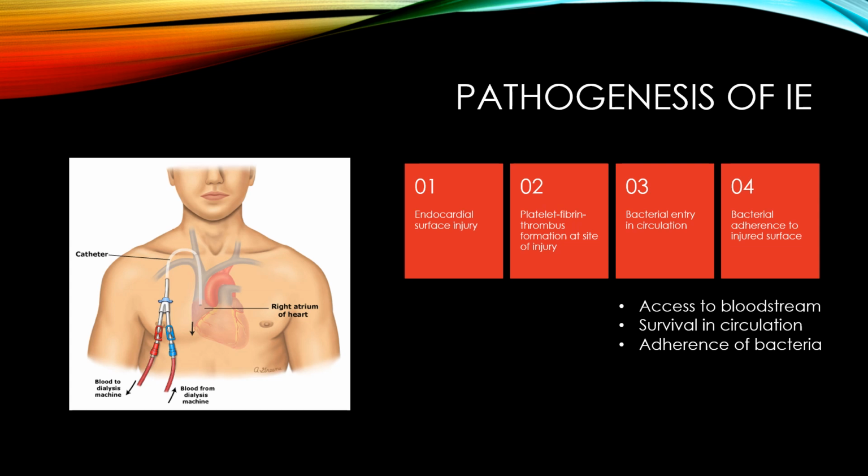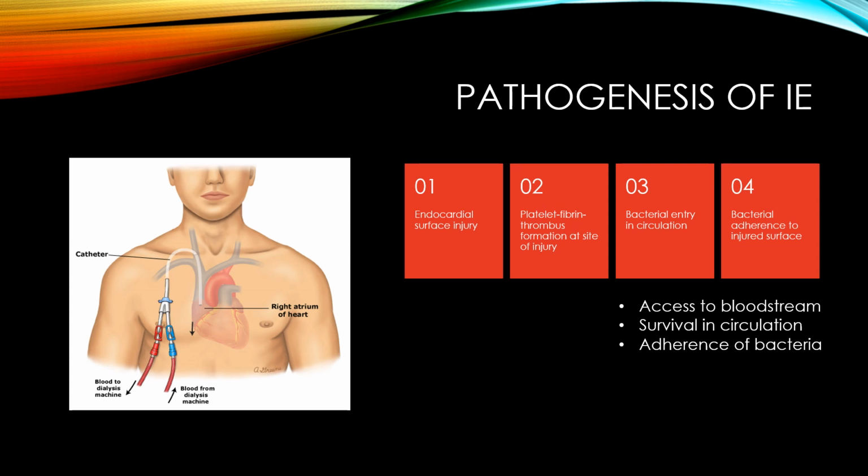And again, it really relies on the fact that this bacterium has access to the bloodstream. It can survive in circulation because it's resistant to things like complement, like the gram-positive cocci, and of course being able to adhere. Strep viridans happens to have dextran, which is a protein that allows it to bind to things like platelets and injured endothelial cells, making it much easier for it to bind to those surfaces and then again multiply.